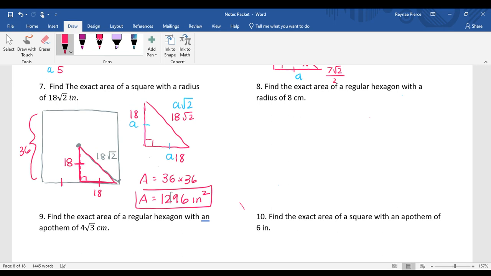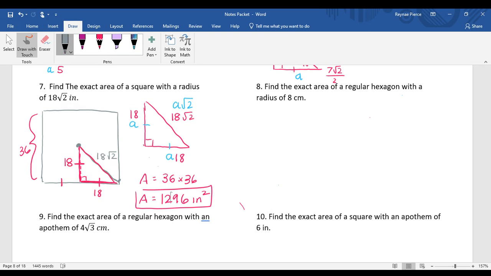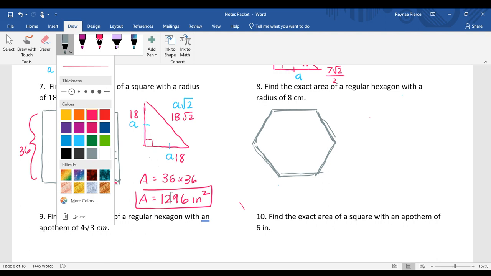And number 8, we want the exact area of a regular hexagon. So a 6-sided, make this as regular looking as possible. And we have a radius.